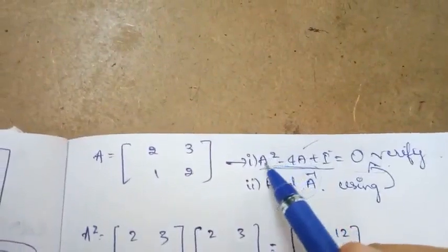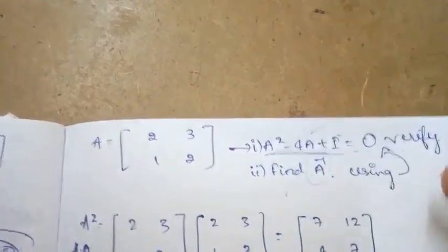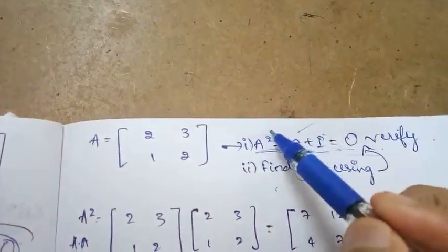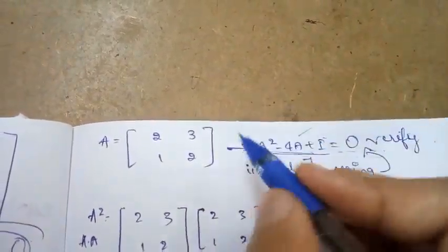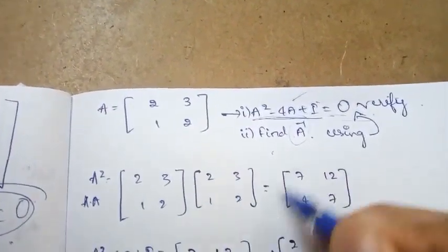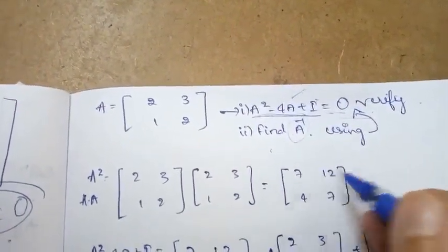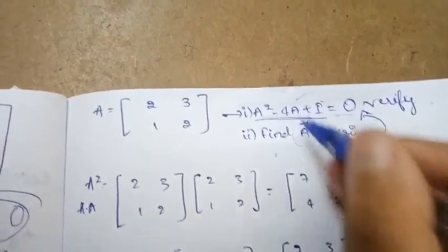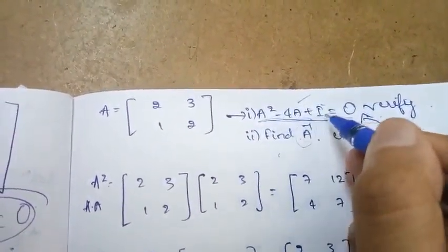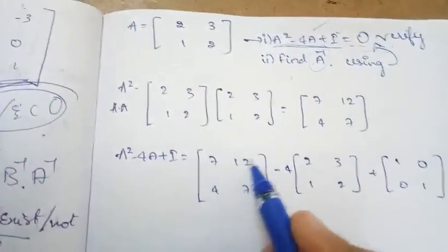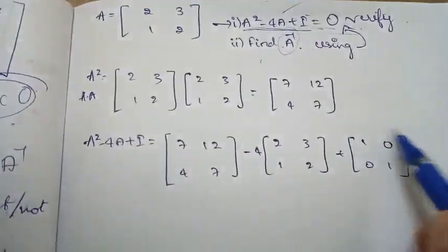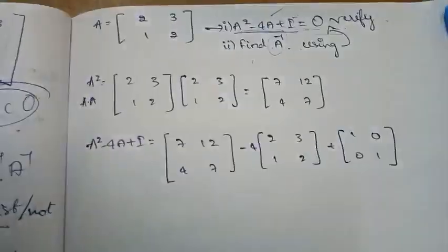First thing, you need to verify this equation. This is as usual, which you have done in matrices. First, finding the A square. A square can be written as A into A. After multiplying, I am going to get the matrix 7 12 4 7. After that I take the LHS, that is A square minus 4A plus I. That is nothing but the A square matrix minus 4 into matrix A plus I, which is the identity matrix of order 2.